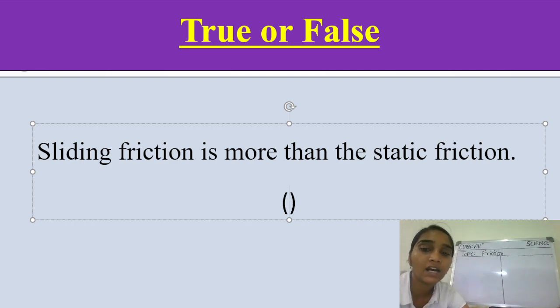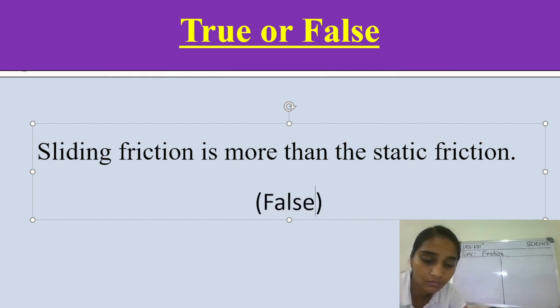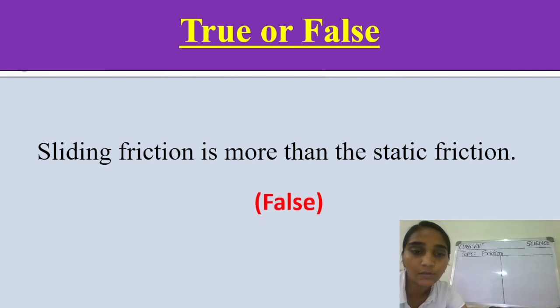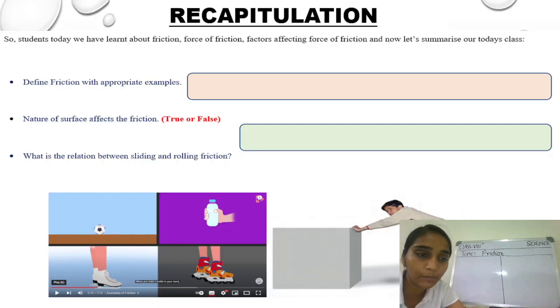If you answered false, you are absolutely correct. This statement is false. And students, why is this statement false? Because we have just seen that sliding friction is not more, it is less than the static friction, right? You can always think of the example of that box or almirah also.